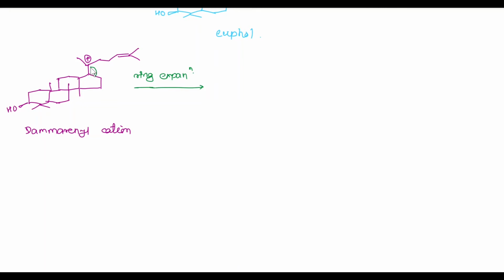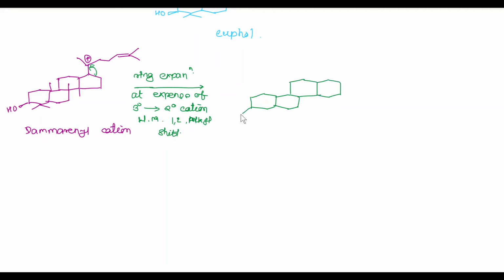This carbon bond is shifted onto this carbon atom, at the expense of a tertiary to secondary cation, by Wagner-Meerwein 1,2 alkyl shift, and we get here a positive charge, and this cation is known as baccharenyl cation. In the next step, this pi bond attacks this carbocation, and there is formation of a 5-membered ring and a tertiary cation.